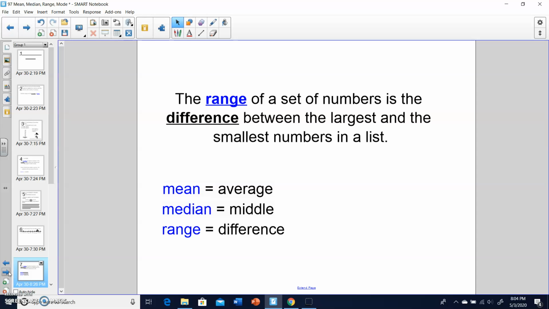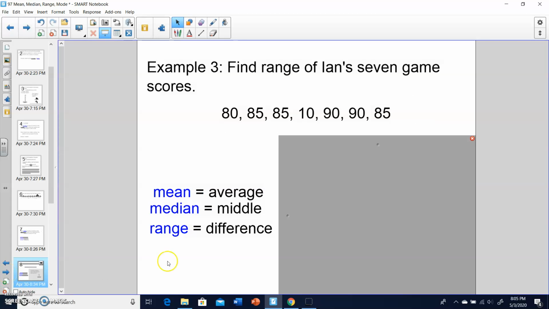Okay, so we'll move on to range. And now we're on page 614 in your math books. The range of a set of numbers is the difference between the largest and the smallest. So mean, again, was another word for average. Median means middle, and now the range is the difference between the largest and the smallest. Here we are with Ian's 7 game scores again, and this time we are finding the range. Now his largest score was 90, and his smallest was 10.